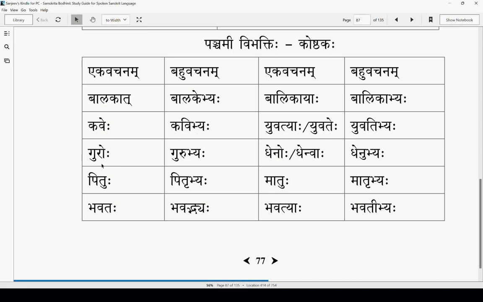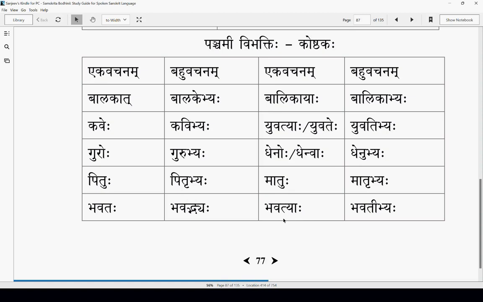Kavehe, Kavibhyaha, Guroho, Gurubhyaha, Pituhu, Panchami, Pitrubhyaha, Bhavataha, Bhavadbhyaha. Similarly in Strilinga we have Balikayaha, Balikabhyaha, Vatyah, Vatibhyaha, Matuhu. Like Nadi, Dirgha Ikara, it becomes Bhavatyaha, Bhavatibhyaha. So that we already know.